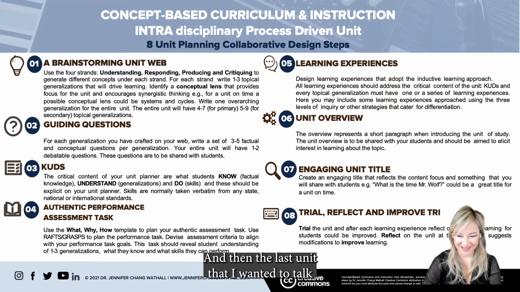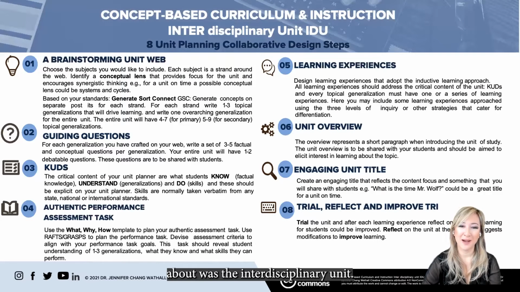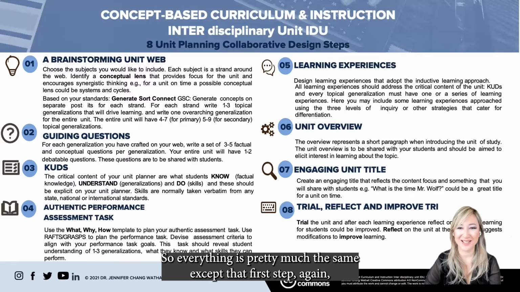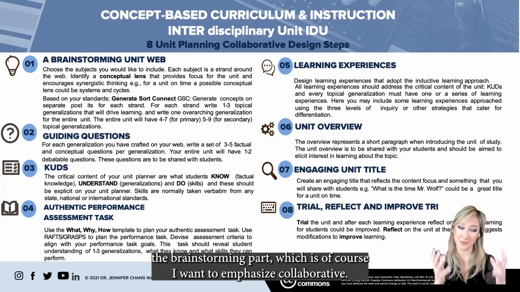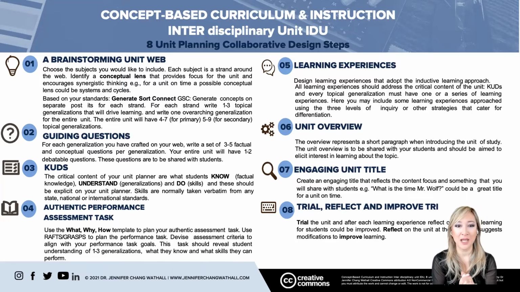And then the last unit that I wanted to talk about was the interdisciplinary unit. Everything is pretty much the same, except that first step again, the brainstorming part, which I want to emphasize is collaborative.